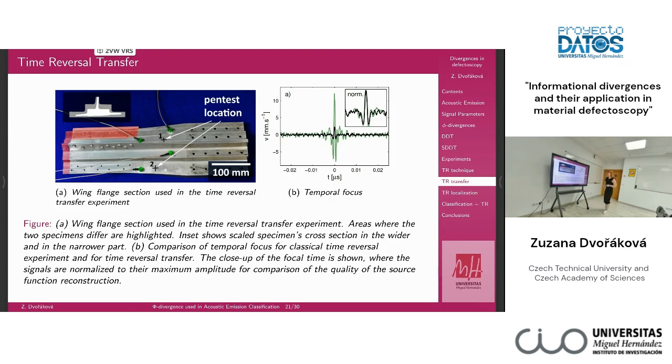And it works. The reason why we did it is, for example, you can imagine if you have an airplane and you have to find if there is some damage or some cracks, you can put the sensors in situ on the airplane, and you can measure some signals.